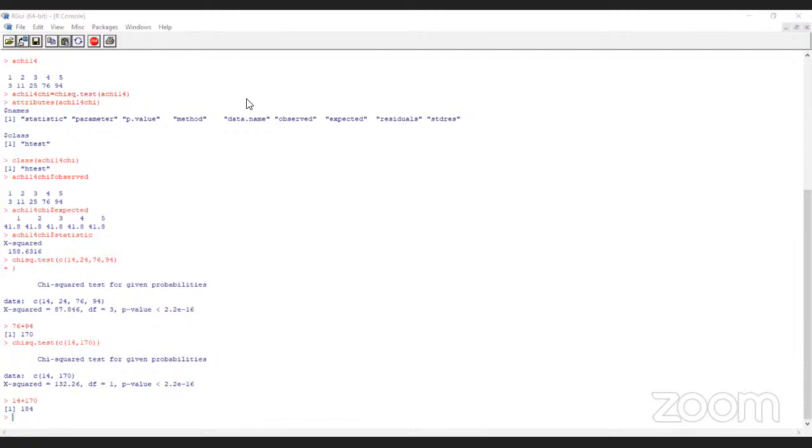Otherwise, when you want to find out the discrepancy between the observed frequency and expected frequency, then your chi-square will be biased. To remove the bias, our purpose will be to merge the data. For example, here it is 3, 11, 25, 76, 94. That is the observed data.